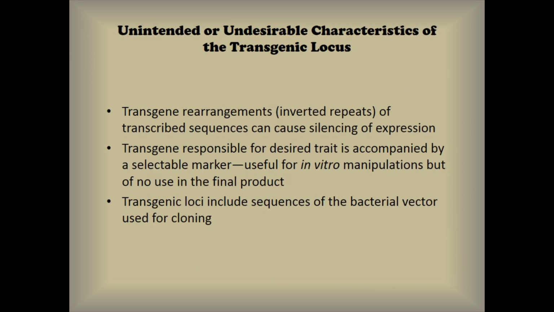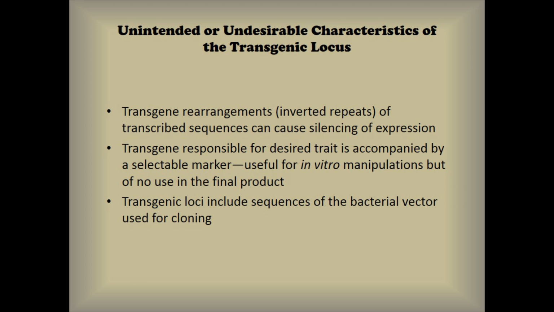But what happens if we have an undesirable characteristic that goes along with the transgene itself? We can't get rid of the transgene without getting rid of our trait. So the kinds of characteristics that we're addressing, hopefully with the technique that we're using in our laboratory, are three things that I've put down here.